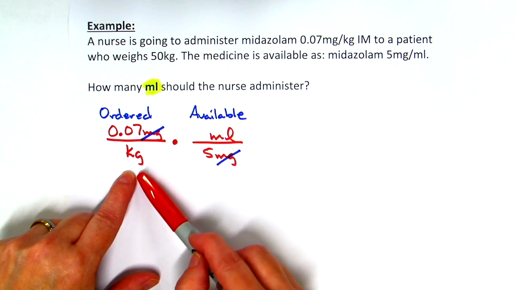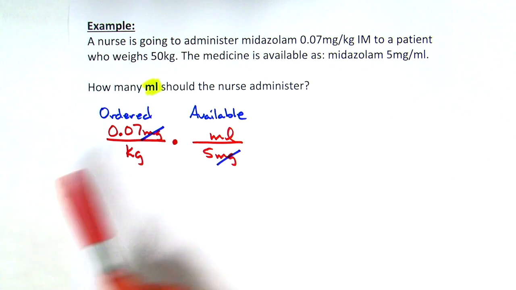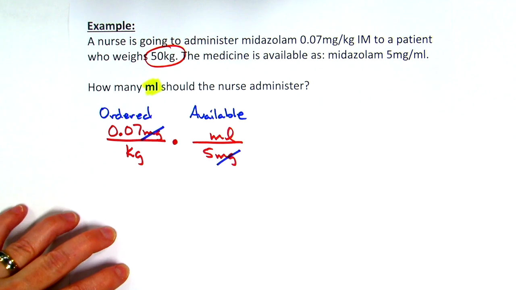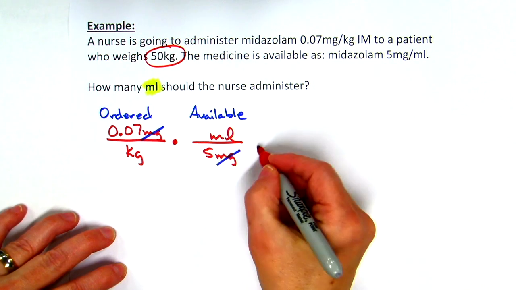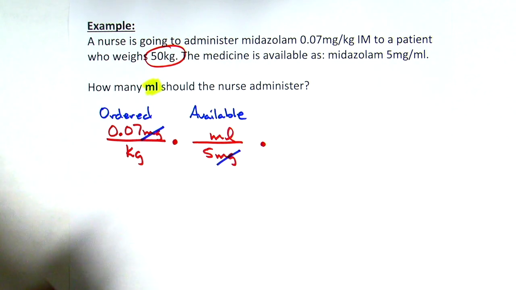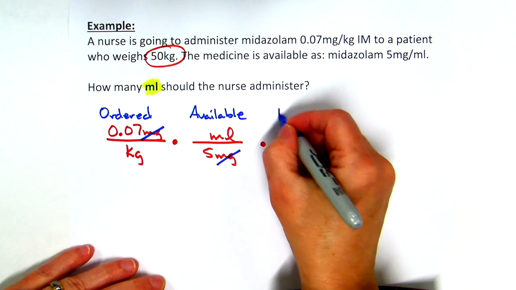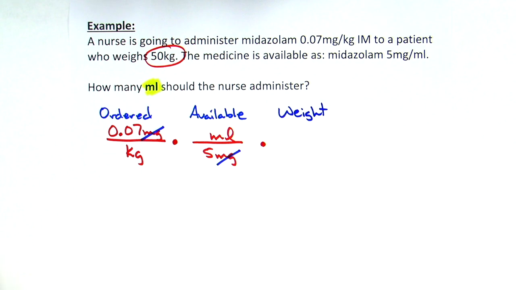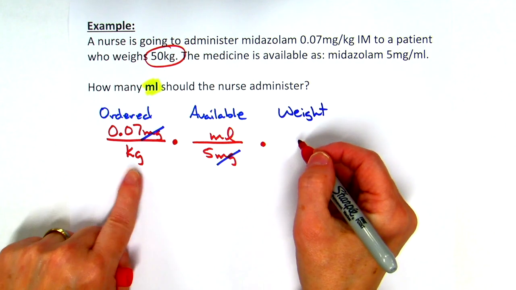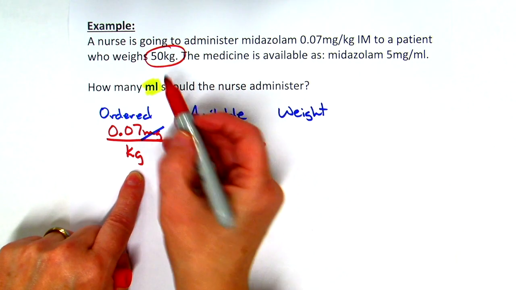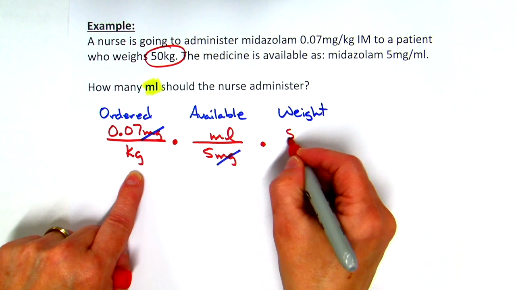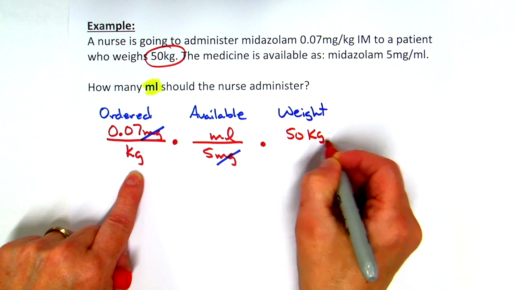For me to be able to cross out kilograms, I am going to have to consider how much the person weighs. So I'm going to multiply this by the person's weight. Let's label this as weight right there. It's 50 kilograms. Kilograms is in the bottom here, so if I write 50 kilograms over 1, it's going to put the kilograms in the top.